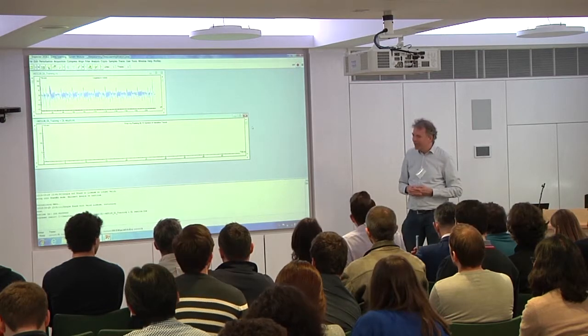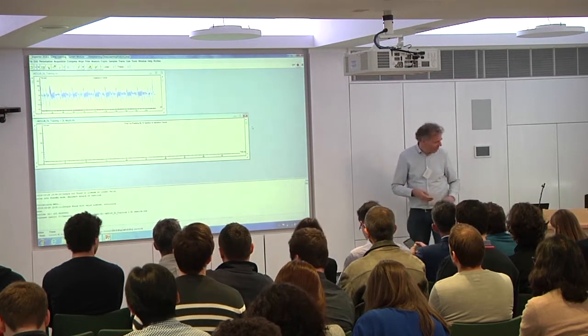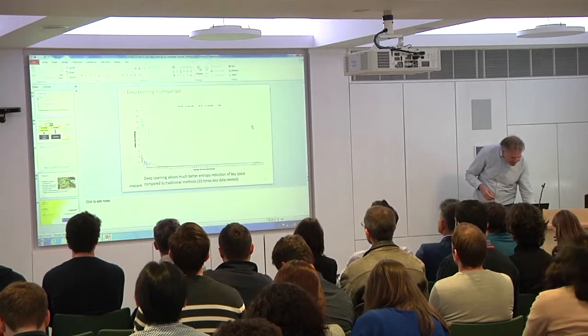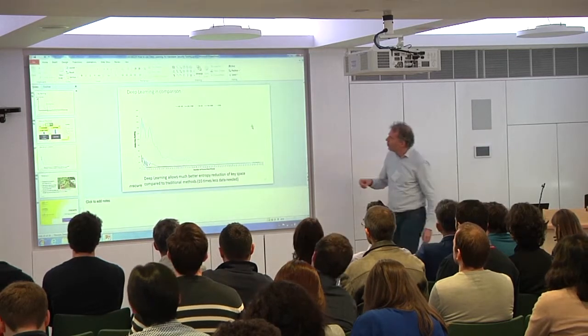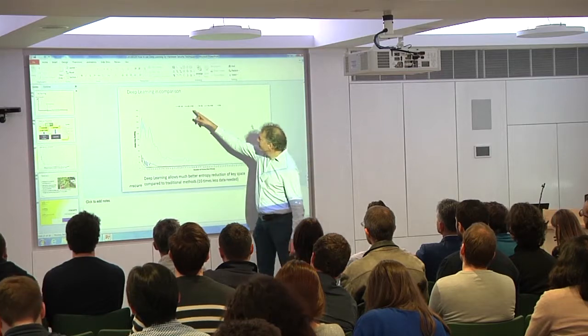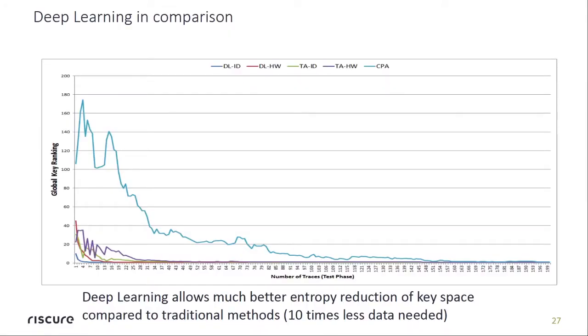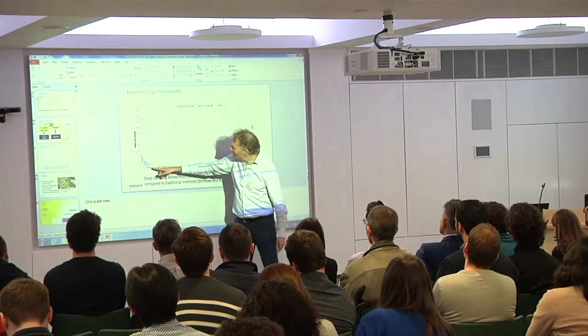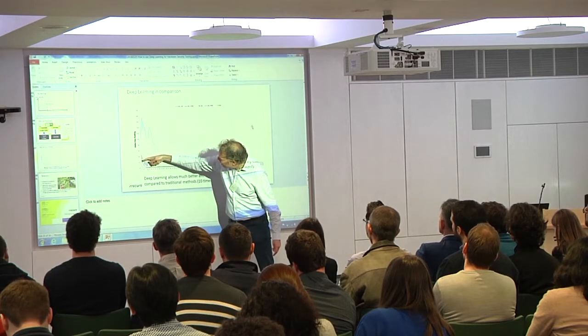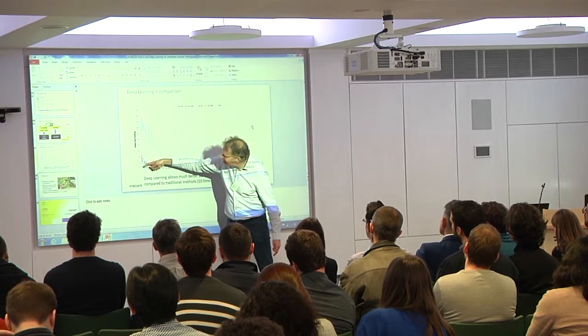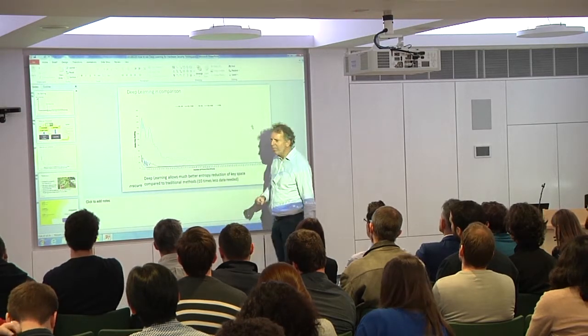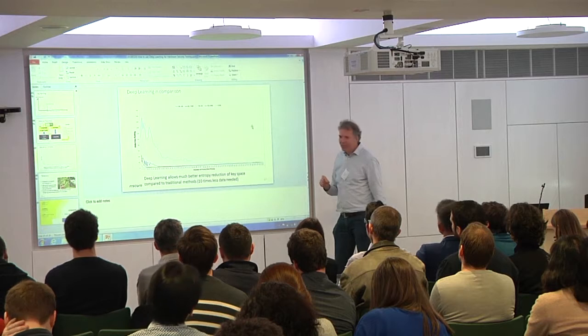Yeah, that's a great question, and going back to my slide here, we're actually distinguishing that here. This is deep learning on Hamming weight, and this is deep learning on ID. ID means the byte itself, and it's even stronger. The red line here is the Hamming weight, ID is the blue line here, so it's even stronger. This is hardware specific.